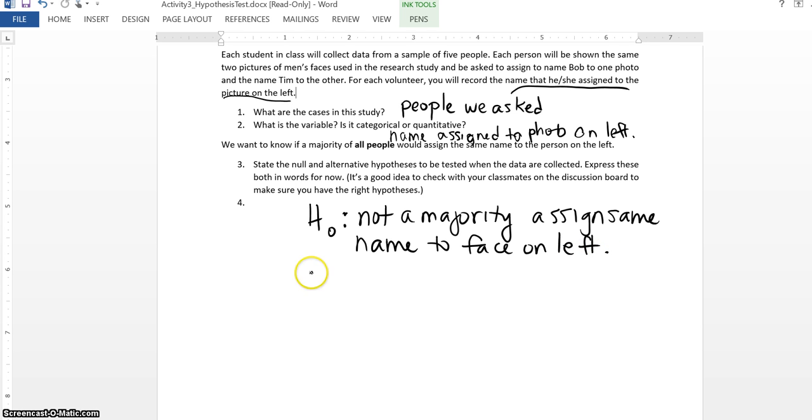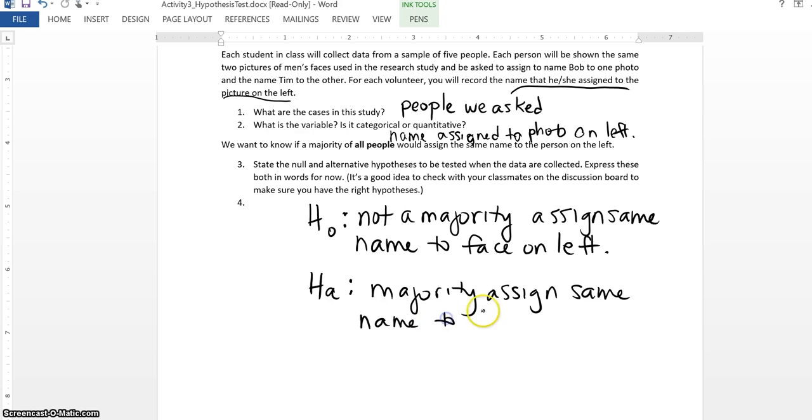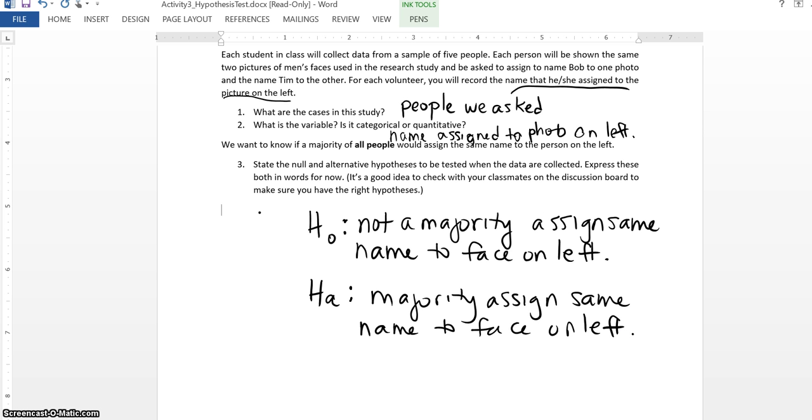And our alternative hypothesis is going to be that that is true, that a majority assign the same name to the face on the left. So there are our hypotheses.